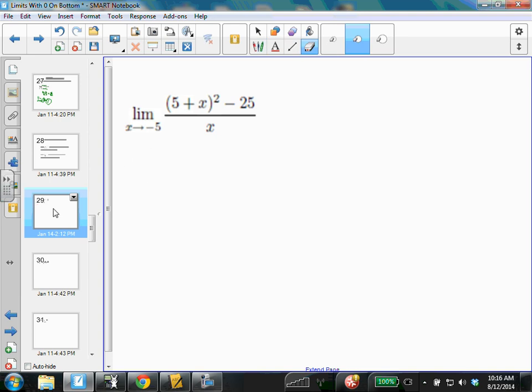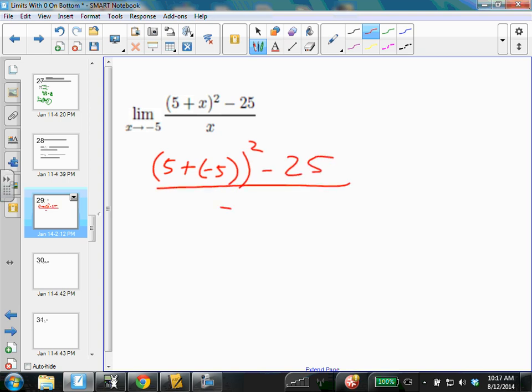I'm going to try to plug in. 5 plus negative 5 squared minus 25 all over negative 5. Right. 0. And 0 squared is going to make, so this is 0 minus 25 divided by negative 5. Nice and easy, right? Your first option is to go there.